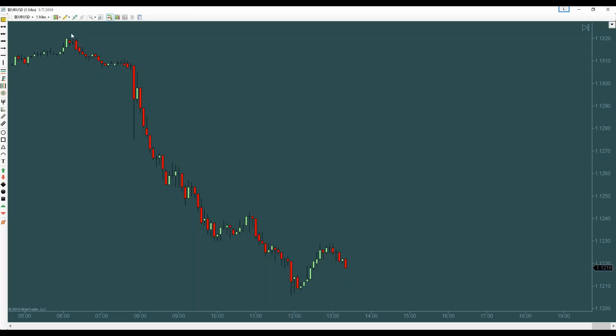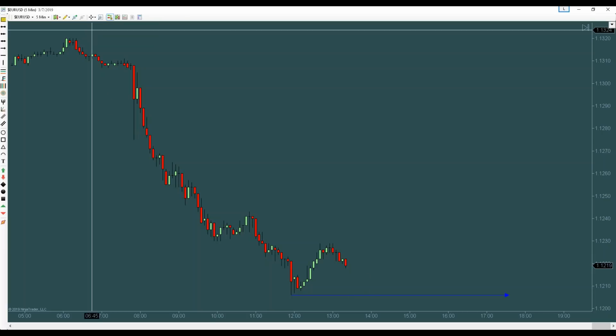Like, let's say, I don't know. Everybody's got a little bit different system, but let's say that your system was, well, I'm going long, but if it comes down to this bottom, this low here, okay, if it breaks that low, then maybe I'm wrong. It's not going up, and I need to just go ahead and get out and protect my loss, right? Not take any more of a loss, right?